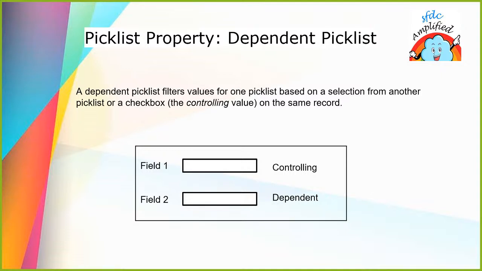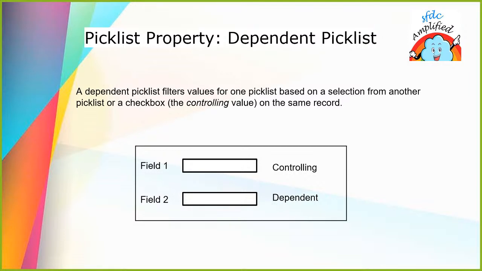For instance, we have country, and in the country picklist we have the options United States and India. And in a dependent picklist, we have an option like Uttar Pradesh. So if someone is choosing United States in the controlling field, then in the dependent it cannot be Uttar Pradesh, right?